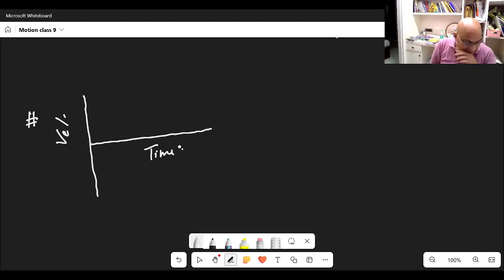Something is moving with a speed of, suppose, minus 4 meter per second. Then at t equal to 10 seconds, suppose. The graph is going like this.